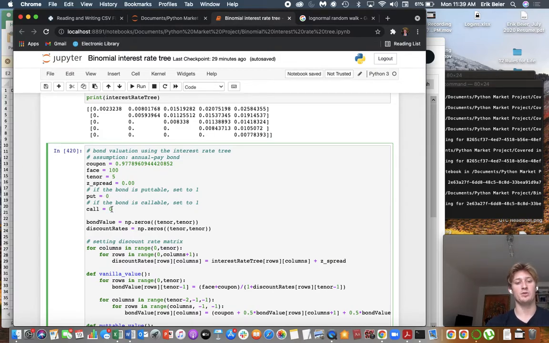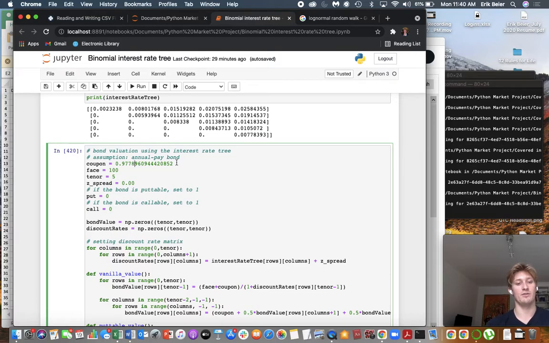And if the bond is callable and the value goes above par, then it makes sense for the issuer to call the bond and refinance now that interest rates are more favorable. Recall that if interest rates go down, our bond will go up in price, and if it goes up enough above par, then it makes sense for the issuer to call.